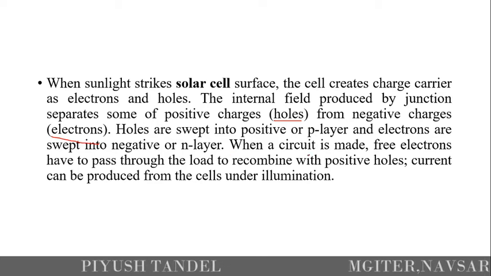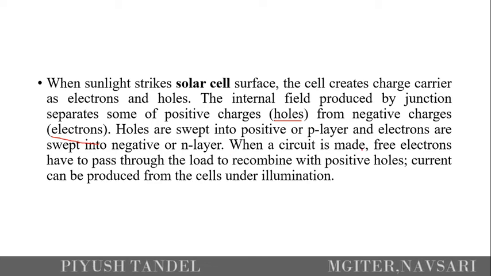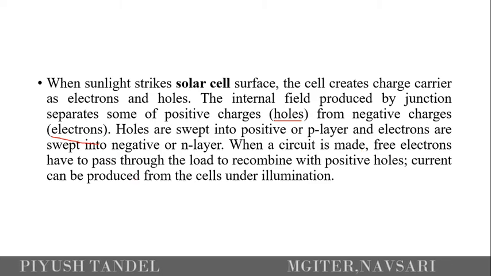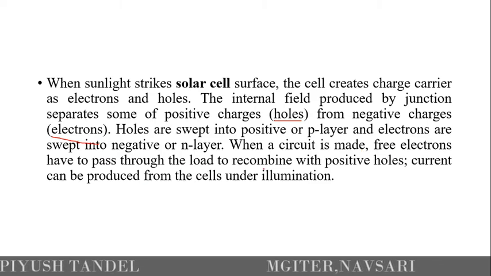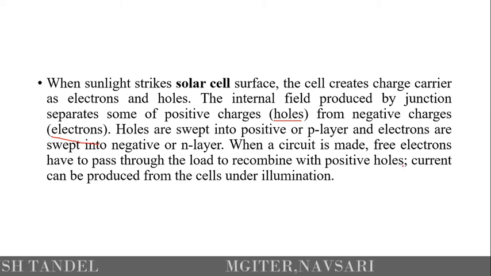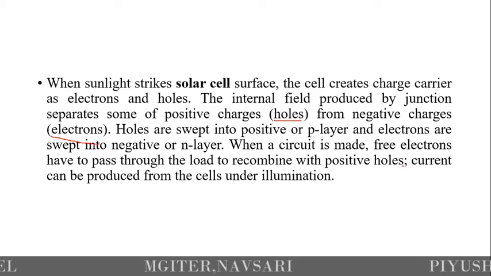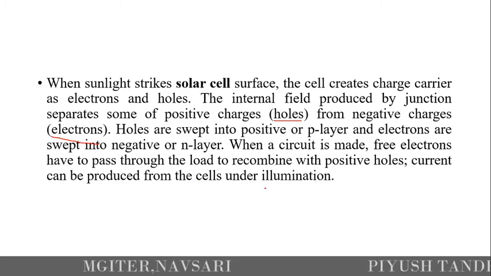When a circuit is made, that is, whenever we connect an application such as a DC load, free electrons have to pass through the load to recombine with the positive holes. It is trying to return to its natural or neutral condition. That's why the electrons travel through whatever load we connect to the PV cells, and current is produced from the cell under illumination.